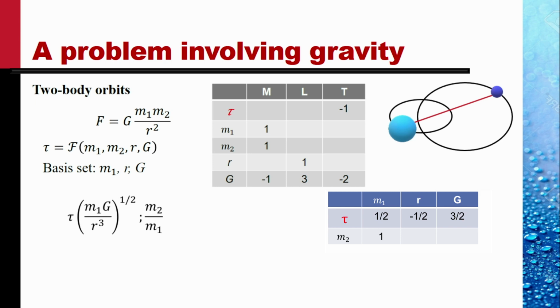So the two parameters, the dependent pi number, would be tau into m1 G by r cube raised to power 1 half, and m2 by m1. The first one would be a function of the second one. We can manipulate this to write tau square, the time period, like r cube divided by m1 G times a function of m2 by m1.